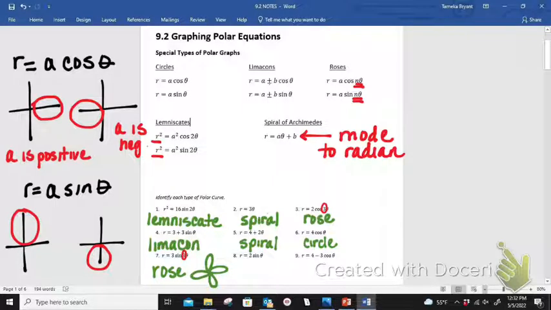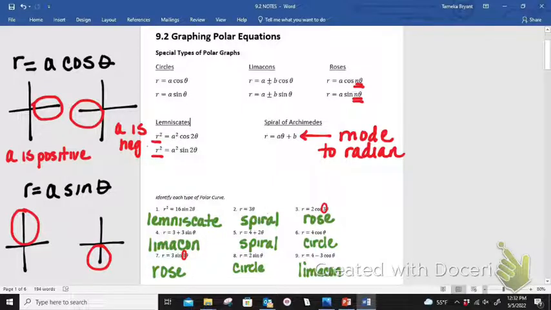And we'll graph those tomorrow. Number 8 is a circle. And what do you think number 9 is? Limacon, or limaçon. I'm not really sure how to say that. You don't have to write the whole thing out.